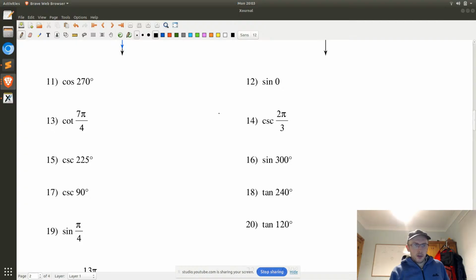All right, cosine of 270. We'll check once we've reached 16th. 0. Sine of 0, 0.